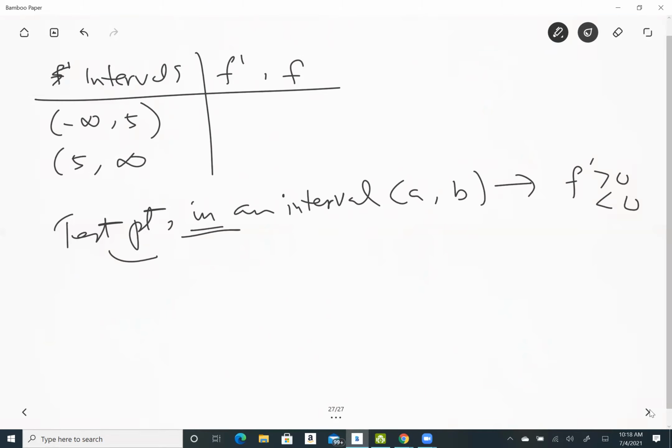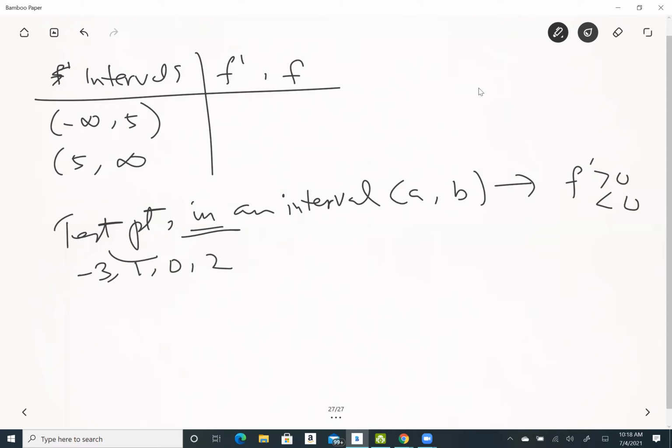So if you go back to the interval negative infinity to 5, give me 1 point in that interval. Negative 3. Okay, you can use negative 3. Give me 1 more point. 0, 1, 2.